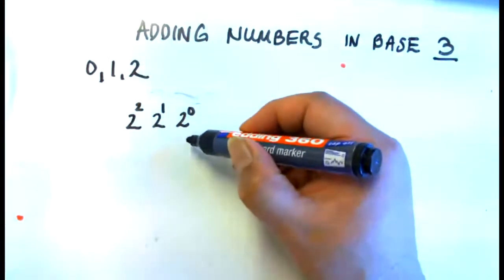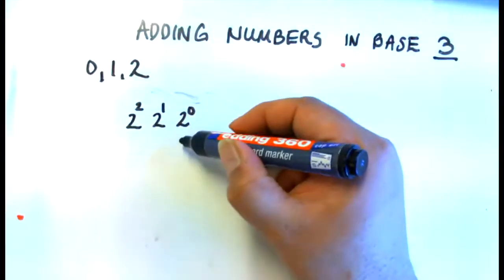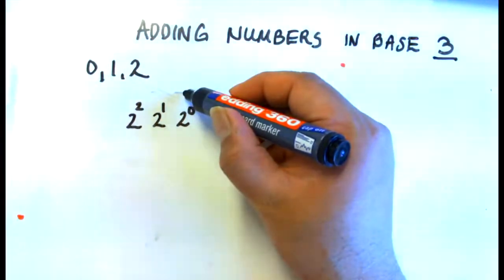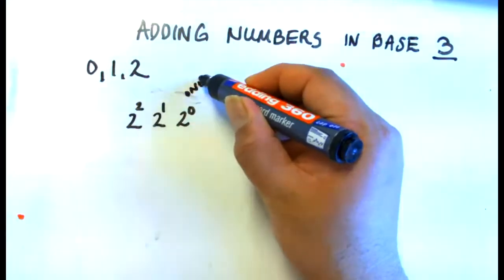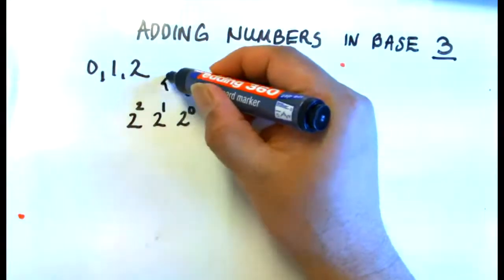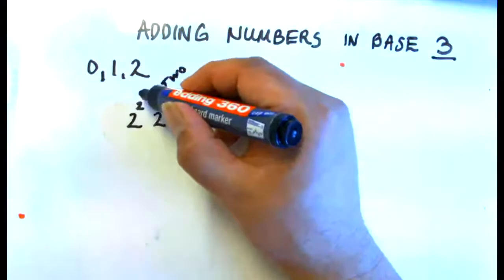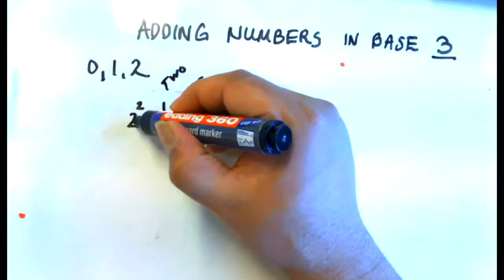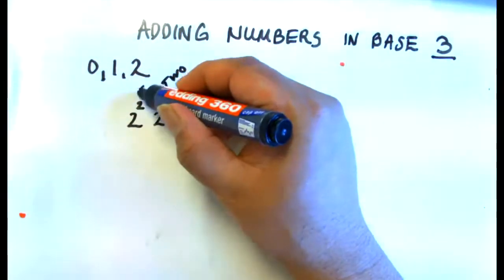That means everything here is in the value of 1. Everything here is 2. And everything in here is basically 2 squared, which is 4.